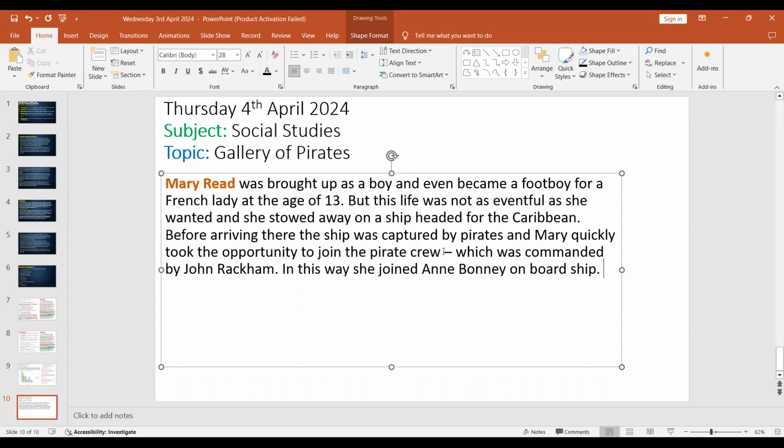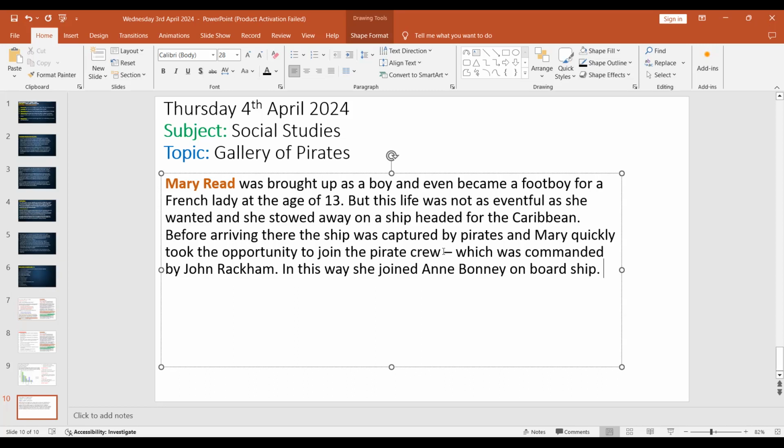Either way, I don't know what spurred that insatiable desire to want to have a dangerous life of adventure, but she wanted to be a pirate, even as a female. And she definitely was a good pirate, just like Anne Bonny.